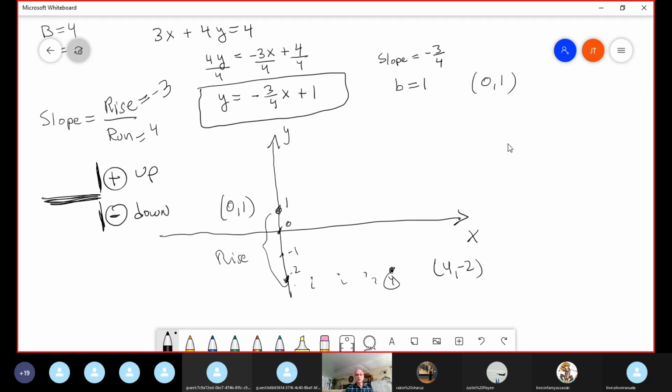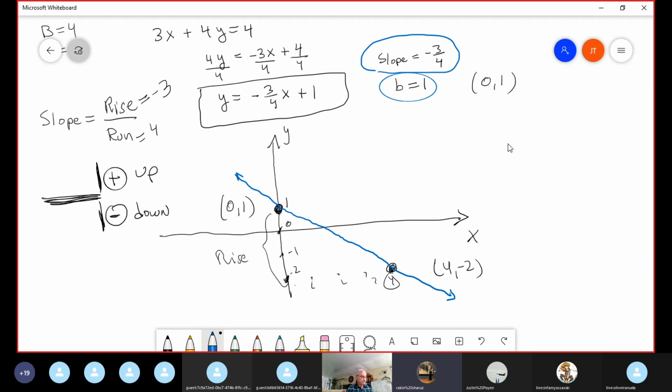Doing that, I plot the new point using the slope, rise and run, and connect both. And this is another way to do the graph of the line using y-intercept and slope. It's a new way.